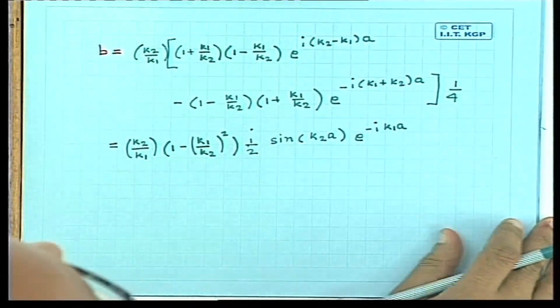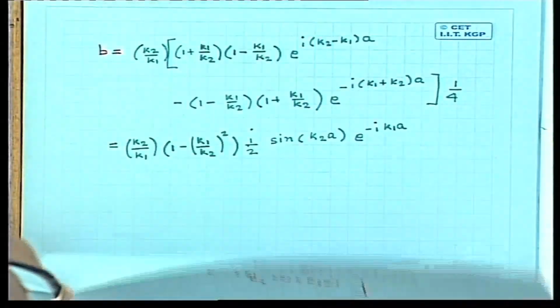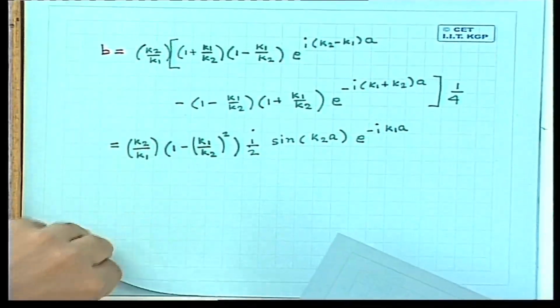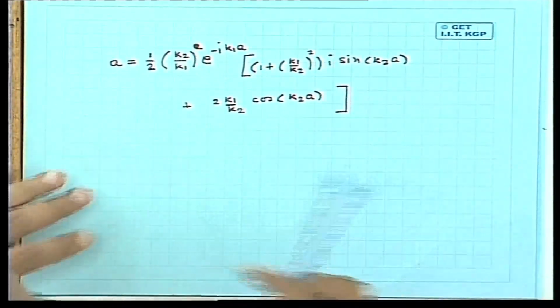Let me also put this in the previous page where I have written the expression for A, and then we can proceed to find the reflection and the transmission coefficients.